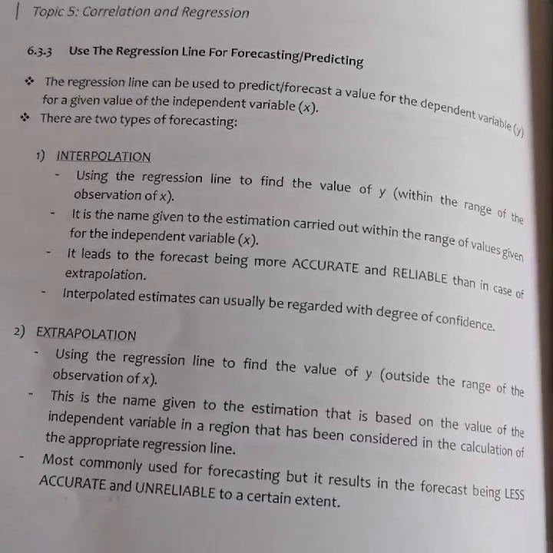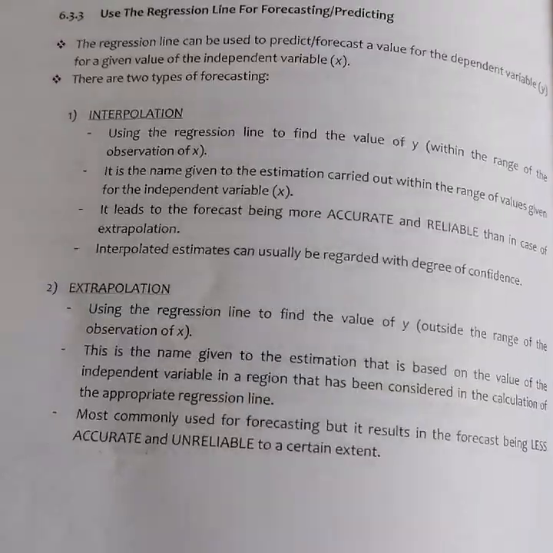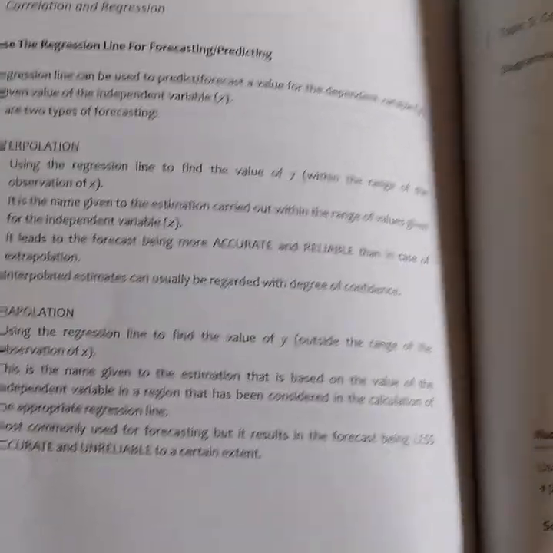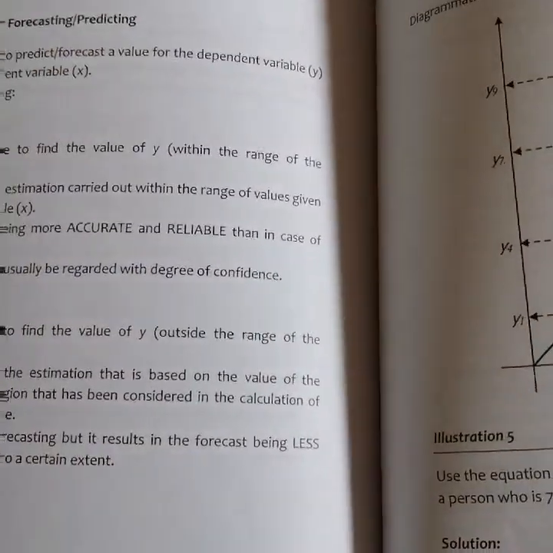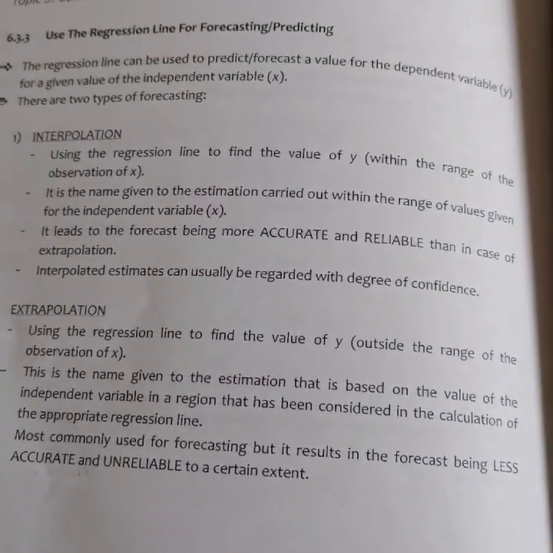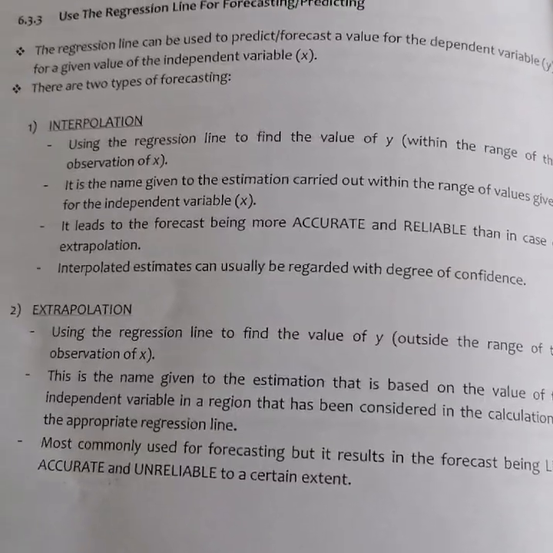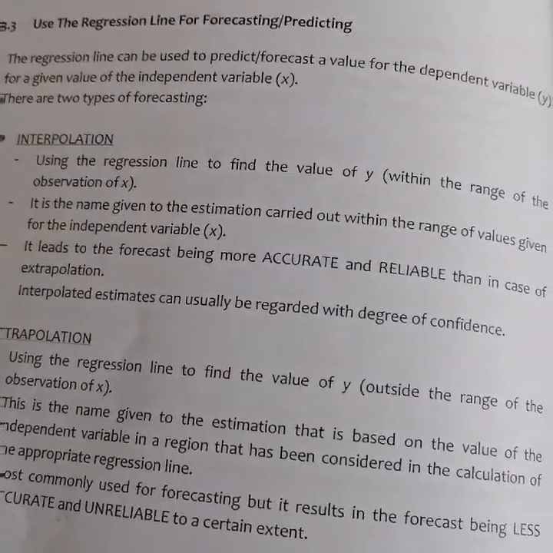Now we are going to move on. The next one is forecast and predict. What is the purpose of having the regression line equation? We know that the equation is y equals a plus bx. If you are trying to forecast or predict the value of y, you substitute the value of x that you want to know.